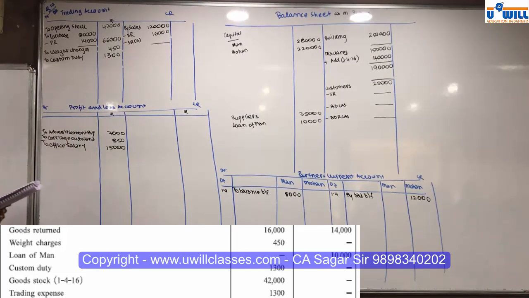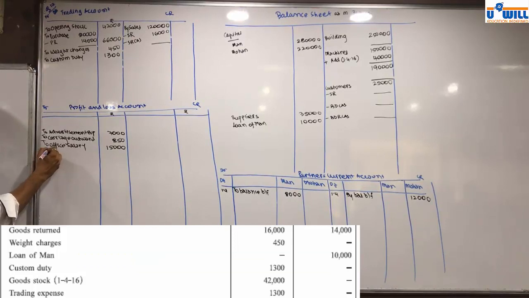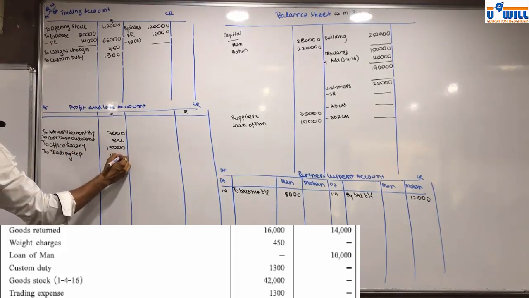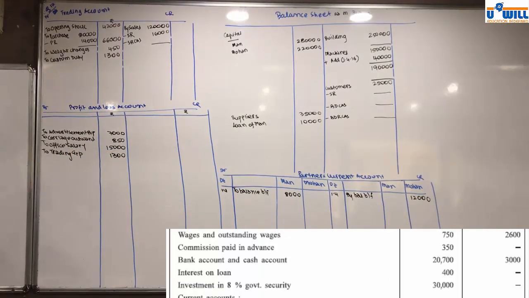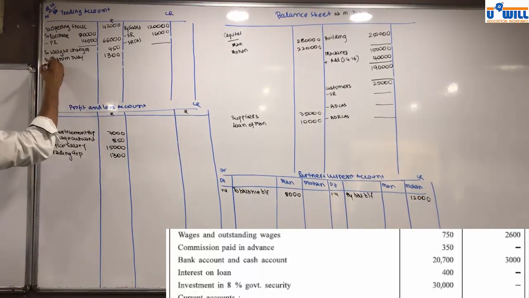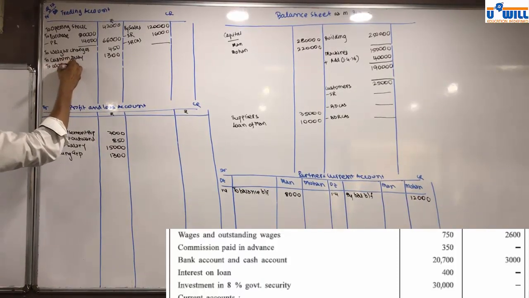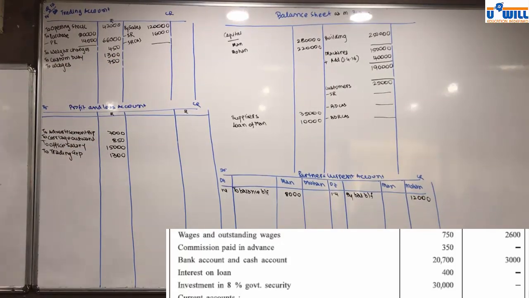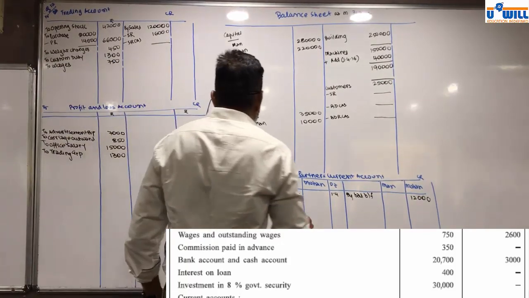Goods stock, trading expense 1,300. Wages 750, outstanding wages 2600.